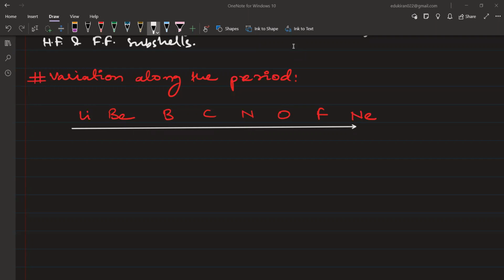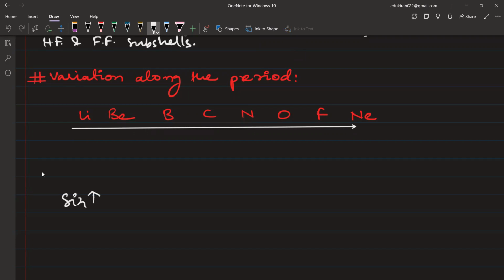Sir, the size across the period is increasing. Size is decreasing, okay, fine. If the size is decreasing, then is the electron nearer to the nucleus or further away? Away. Size is decreasing, so it will be away from the nucleus. Again, is size decreasing or increasing? Increasing. If size is increasing, will the electron be away from the nucleus or near?